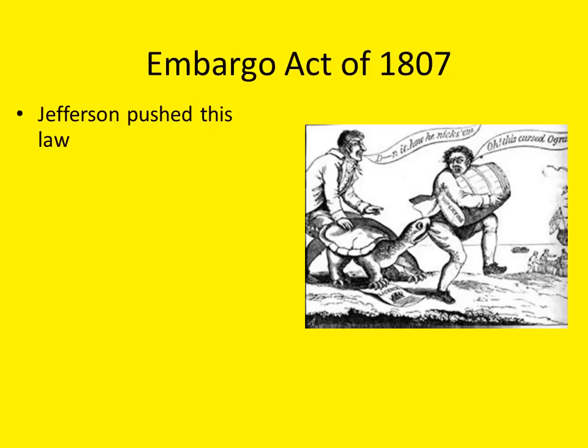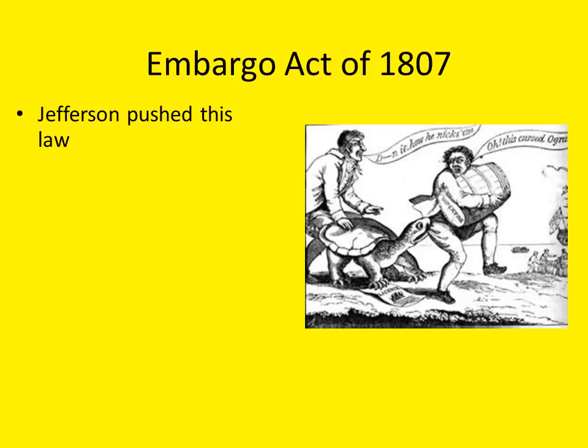In response, President Jefferson pushed for and managed to get passed a piece of legislation known as the Embargo Act of 1807. Jefferson thought that the loss of U.S. trade goods would punish Britain and other European powers, ultimately convincing them to honor American neutrality.